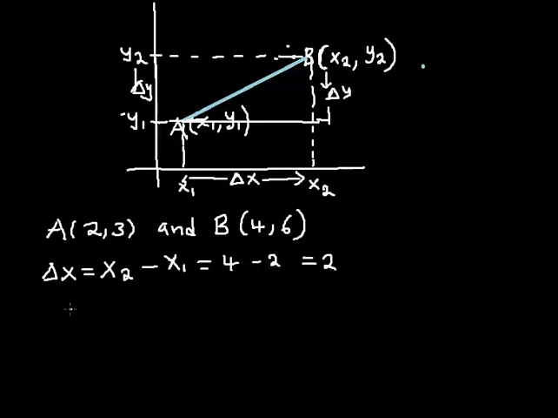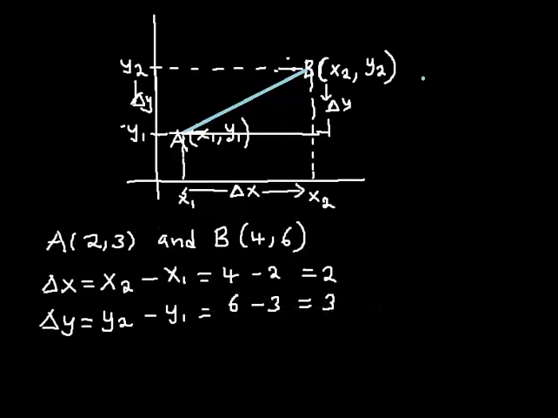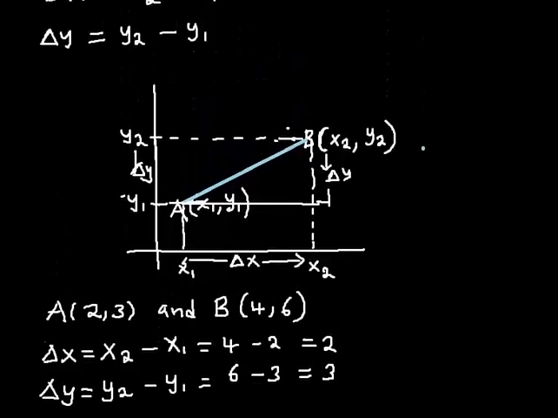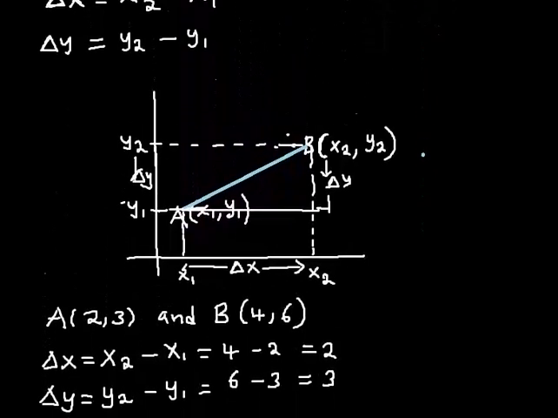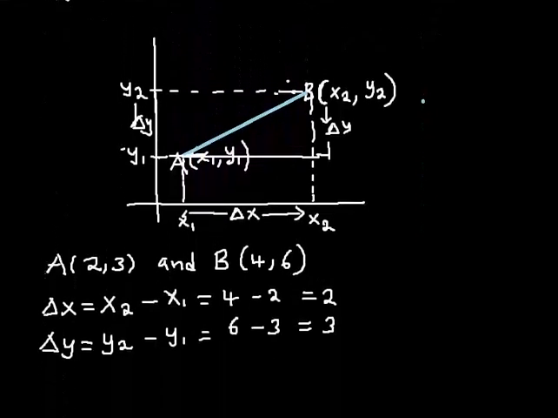Then for the increment in y, you have y2 minus y1, that's 6 minus 3, which yields 3. I hope that is well understood. That is how we evaluate increment in a Cartesian coordinate.